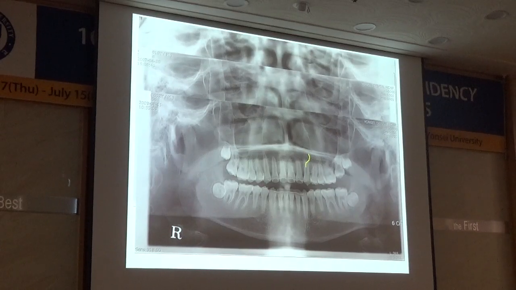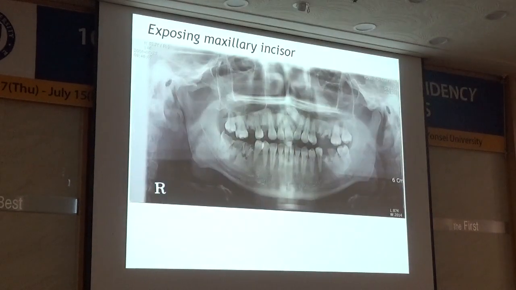So we educate the patient: we saved the tooth, but there may be a chance of a curved root, and a very difficult situation may occur when you do the endodontic treatment. So you have to brush your teeth and keep your oral hygiene very good.